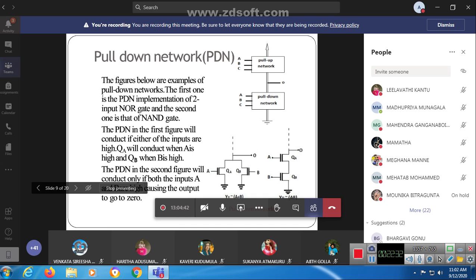It is a parallel connection. If any one of the transistors is in the on condition, that will dominate the output.